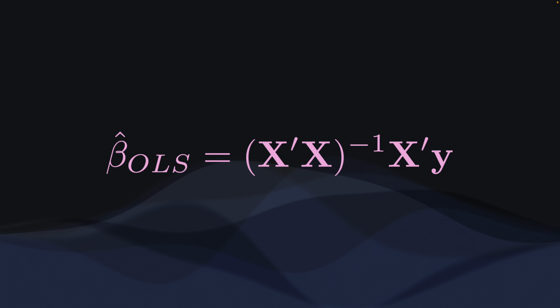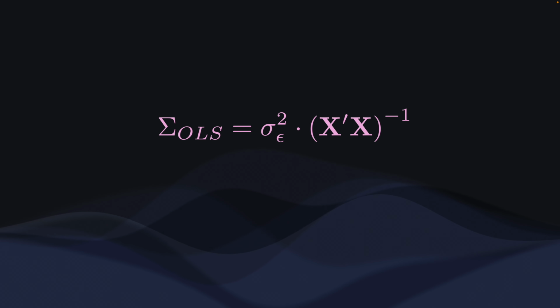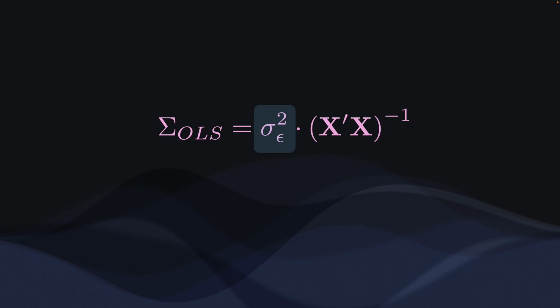In matrix notation, the OLS estimator is defined as (X'X) inverse X'y. And its covariance matrix sigma, which is used to calculate the standard errors, is defined as sigma squared epsilon times (X'X) inverse, where sigma squared epsilon is usually estimated from the residuals.